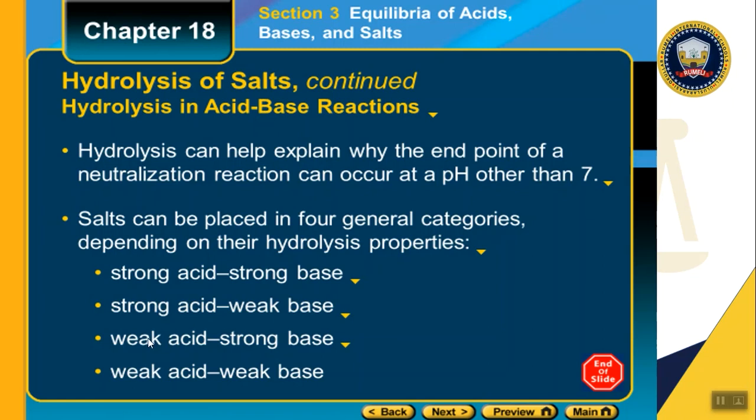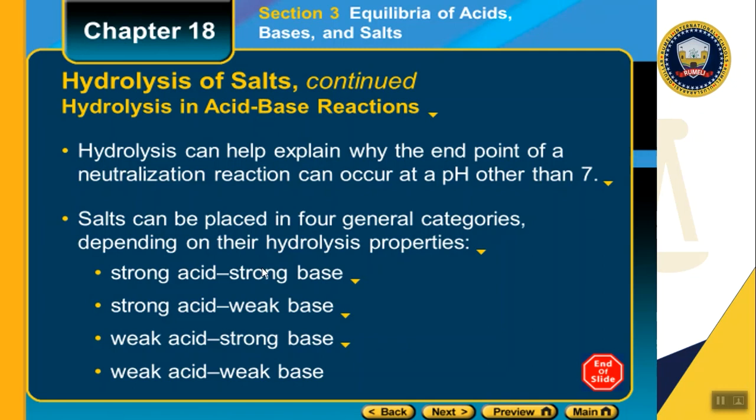Okay, if the salt comes from weak acid and strong base, what will happen? Now the solution of the salt will be hydrolyzed and the solution will be alkaline solution.